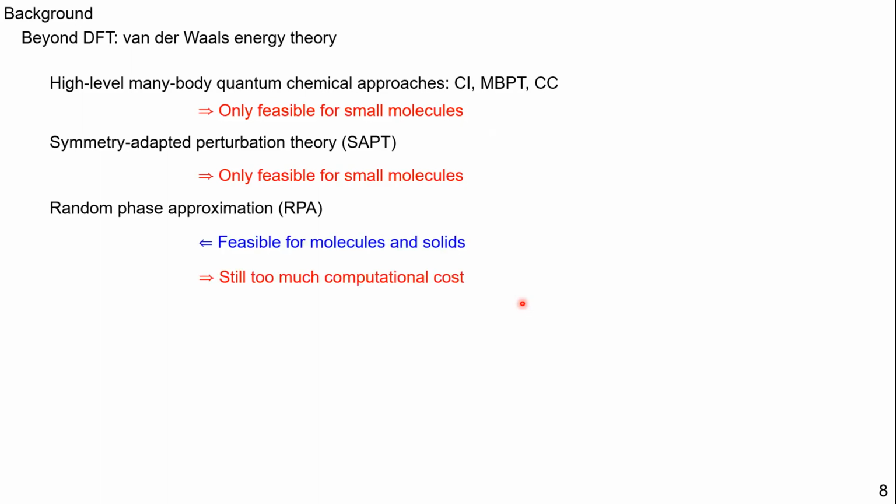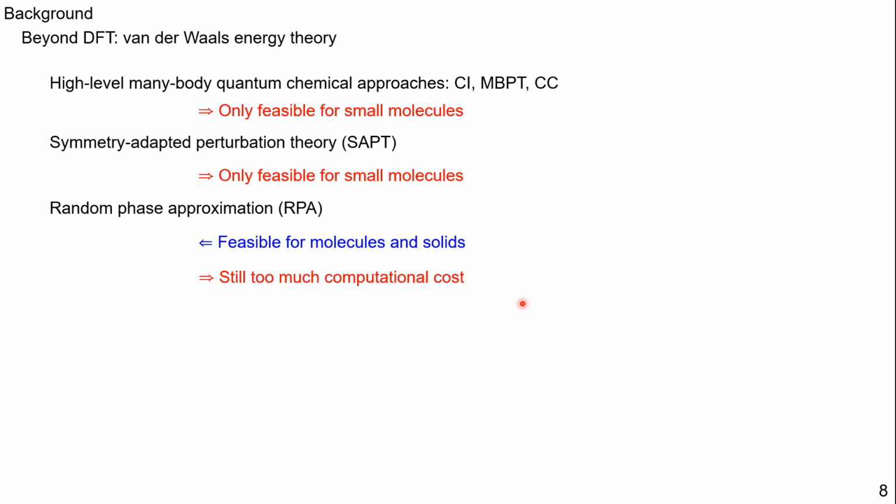So they can give accurate information of long range correlation as well as van der Waals interaction, but their computational cost prevents us from applying these methods to very complicated material simulations. And symmetry adapted perturbation theory is also only feasible for small molecules.